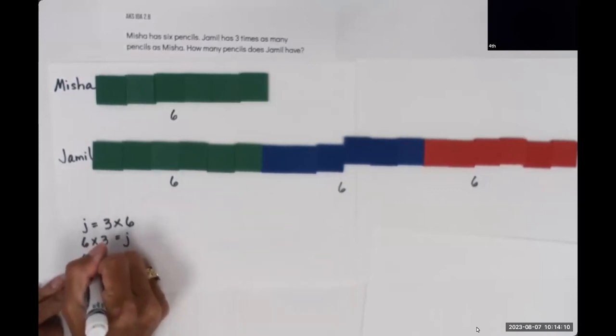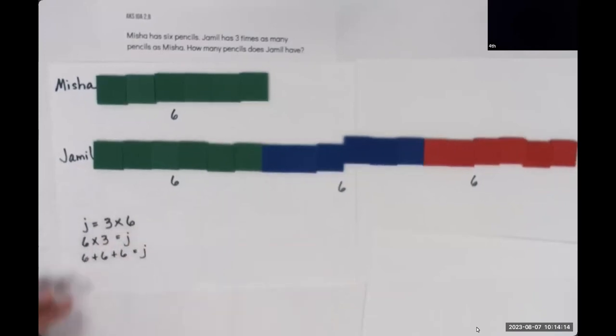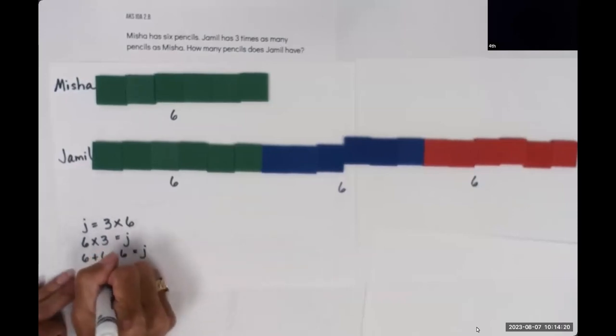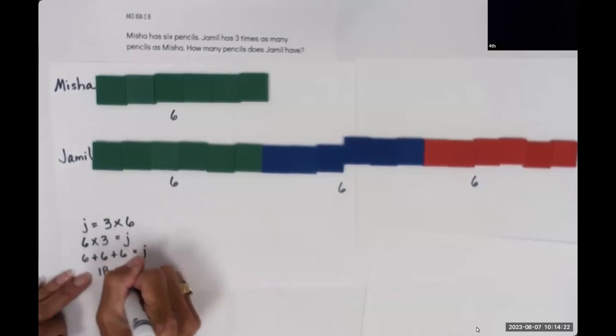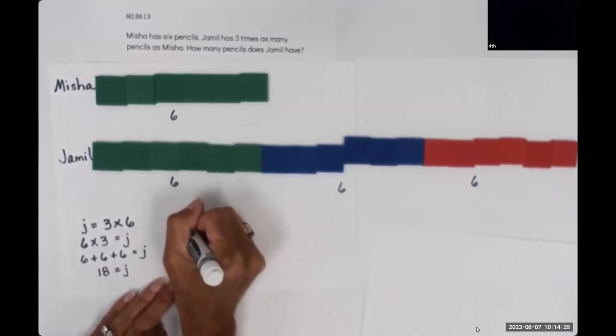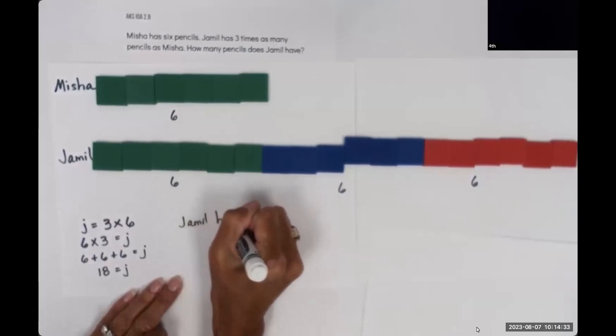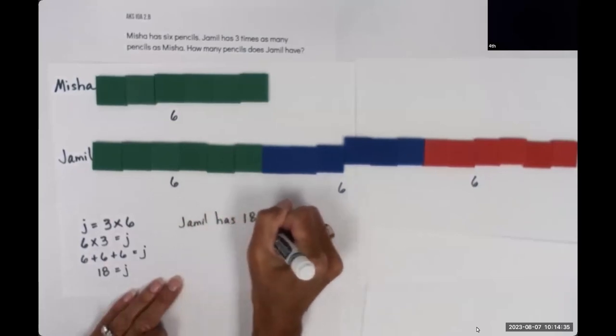I could repeatedly add 6 3 times to find Jamil's number of pencils, but I know already that 6 times 3 or 3 times 6 is 18. So 3 groups of 6 is 18. So Jamil has 18 pencils.